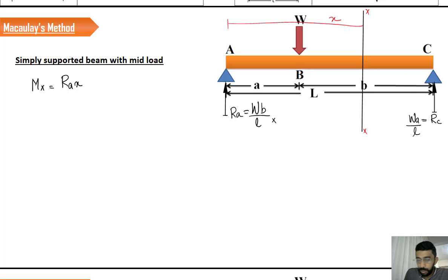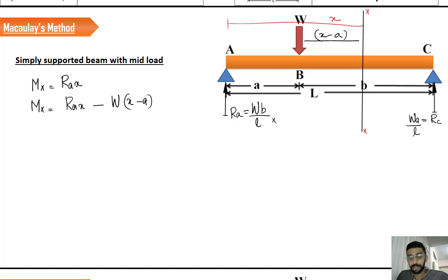Now, what is the moment at x? We have to consider two forces right now. One is RA and the second one is W. So it is going to be RA into x minus W into (x minus a). That means this distance is x minus a, right?